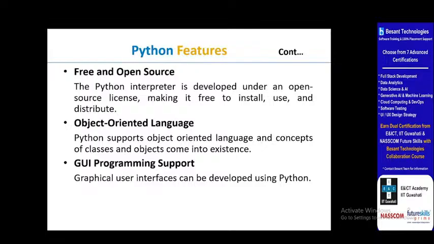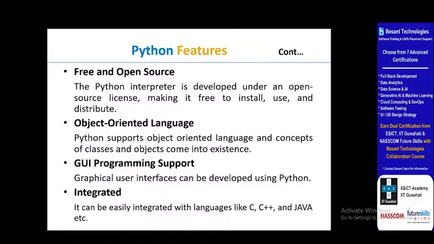And GUI programming, you can also develop desktop applications. Do you have any idea which module we use for developing desktop applications? In our syllabus, we'll also be covering how to create a desktop application using Python, using the tkinter module.